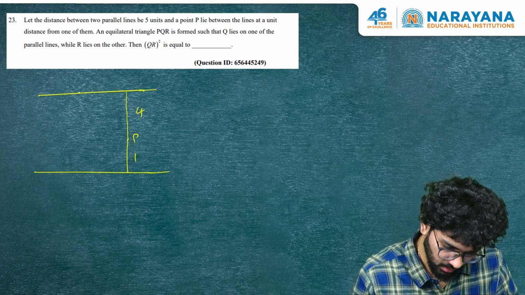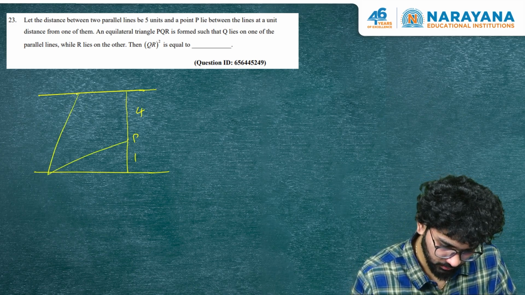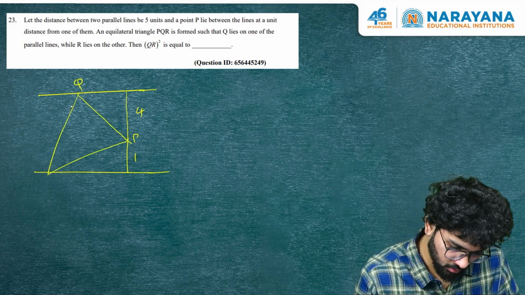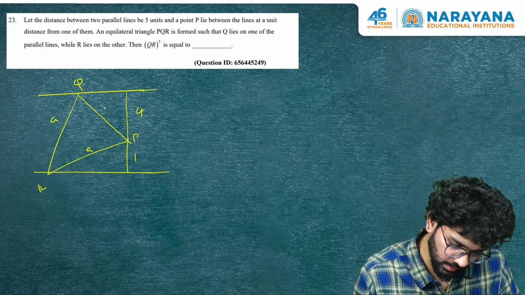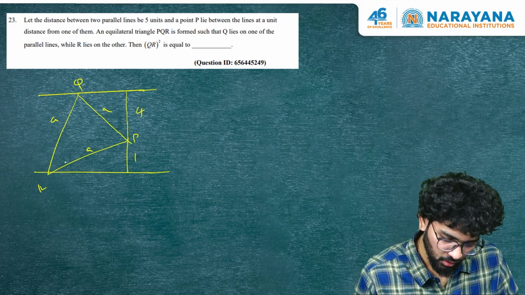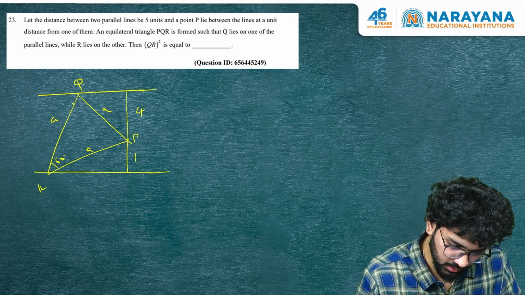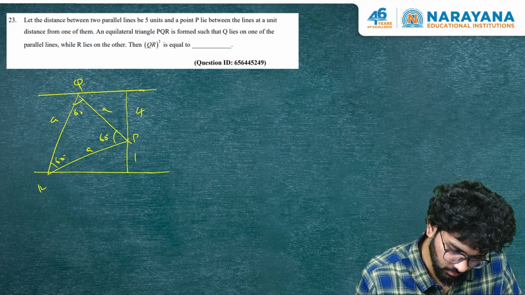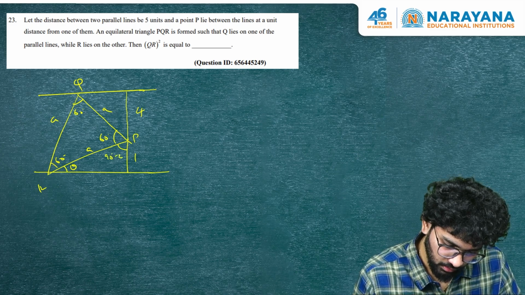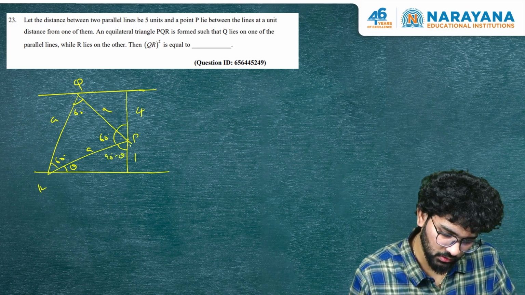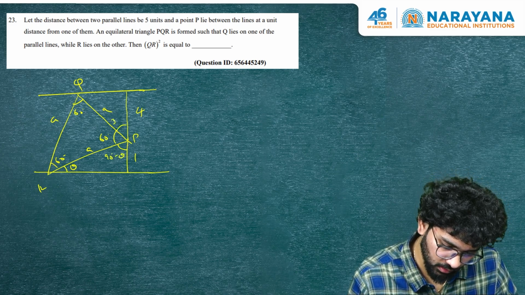Now if I frame an equilateral triangle like this, PQR, let us take the length of the equilateral triangle as A. Now if I take this angle, this will be 60, this will be 60, this will be 60. If I take this angle as theta, this will be 90 minus theta. Since the total angle is 180, 150 minus theta, this will be 30 plus theta.